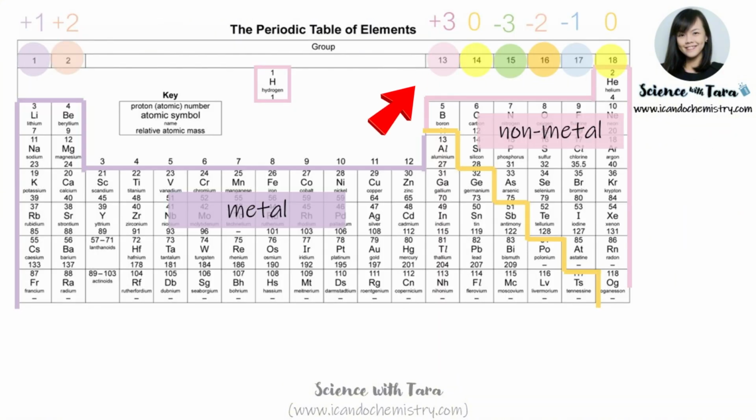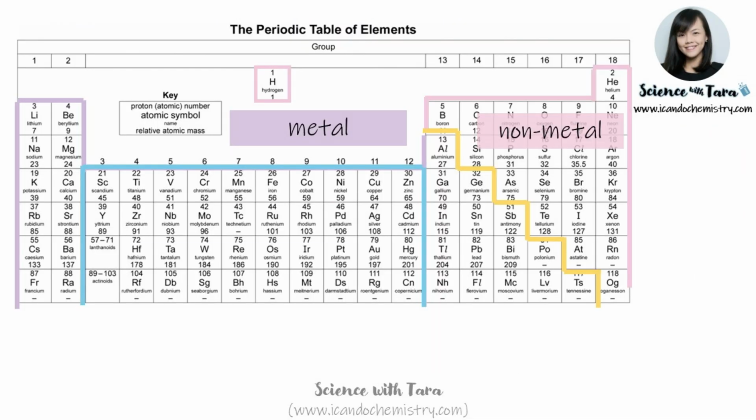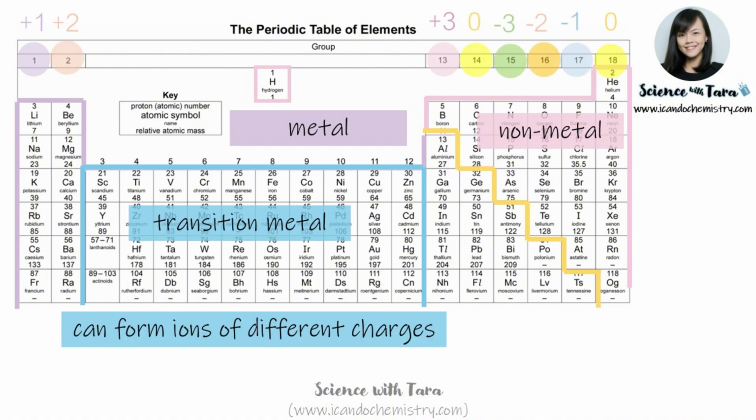Group 13 elements form ions with a charge of positive 3. For example, aluminium ion, its charge is positive 3 and its formula is Al3+. Transition elements, which are found in group 3 to group 12 of the periodic table, can form ions with variable charges.